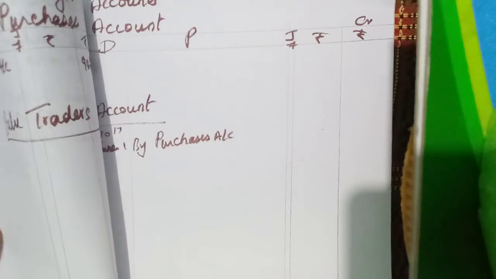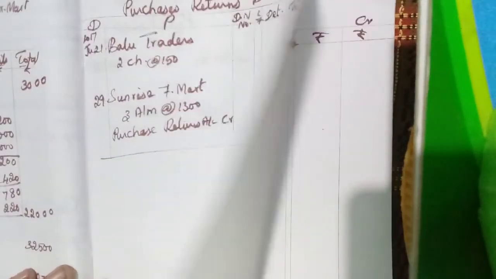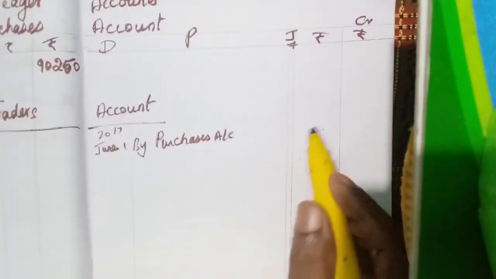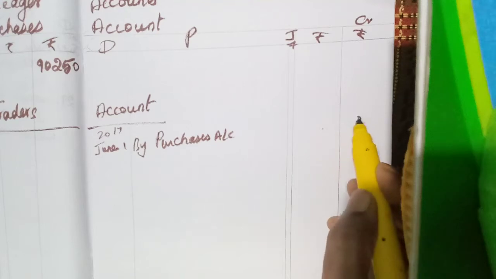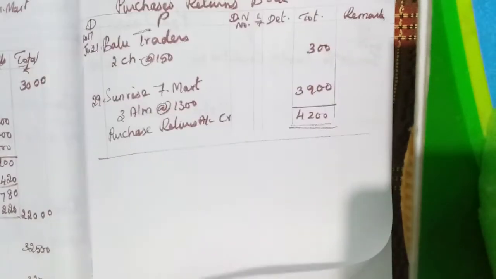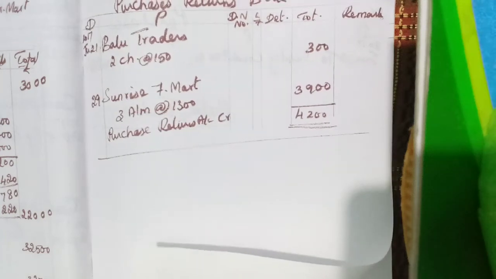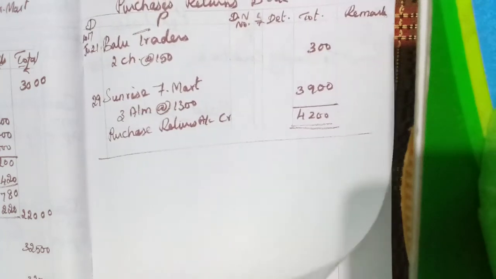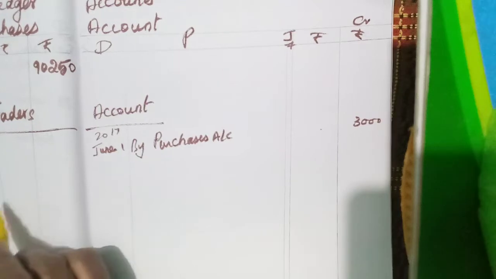How much have we calculated? Value Traders 3,000. Okay. Then Subhash and Co account.